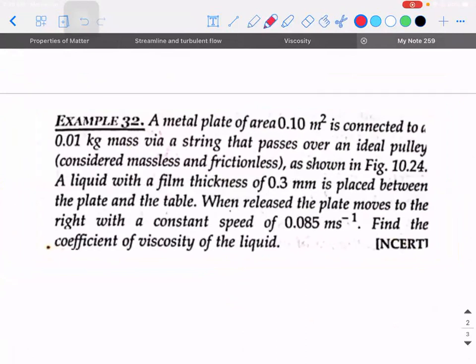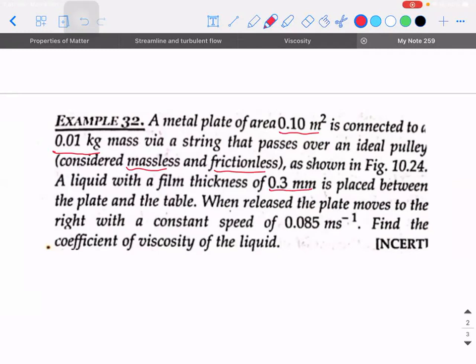Now listen, there is a metal plate of area 0.1 meter square which is connected to 0.01 kilogram mass through a string that passes over an ideal pulley, where the pulley is considered to be massless and frictionless, as shown in figure 10.24. A liquid with a film thickness of 0.3 millimeter is placed between the plate and the table.